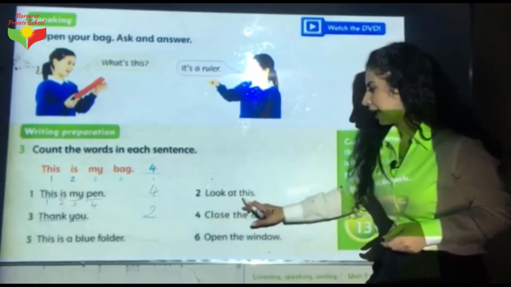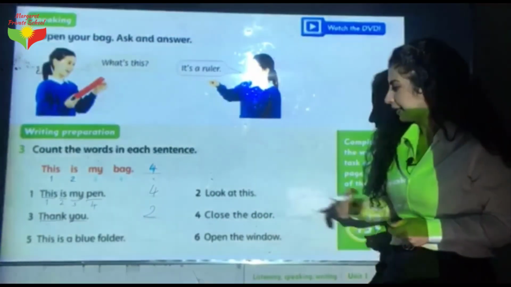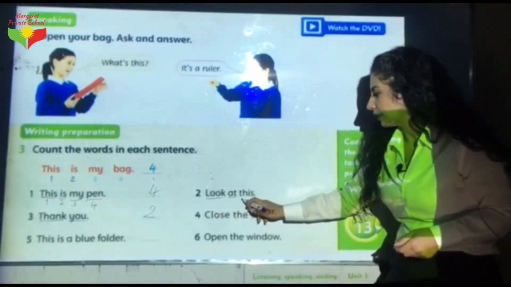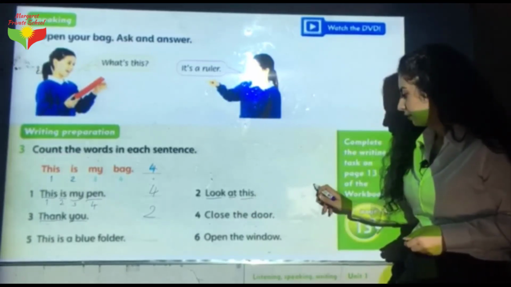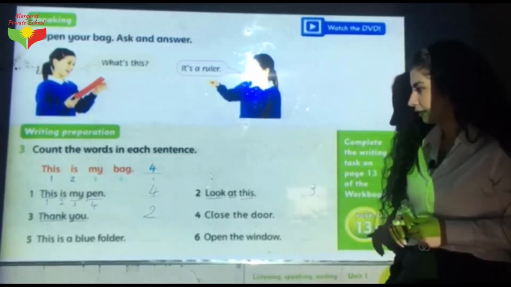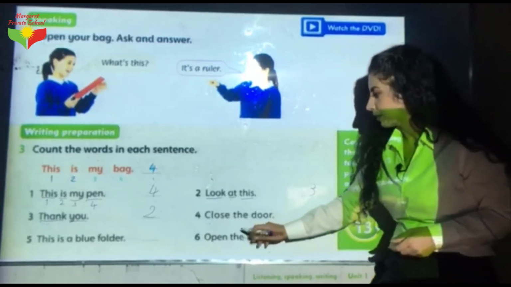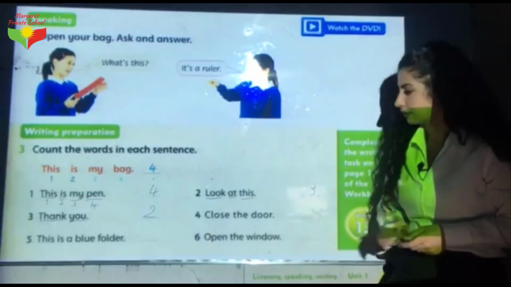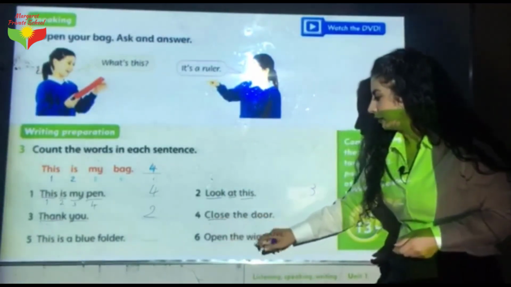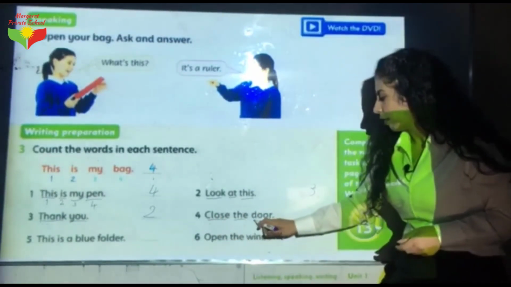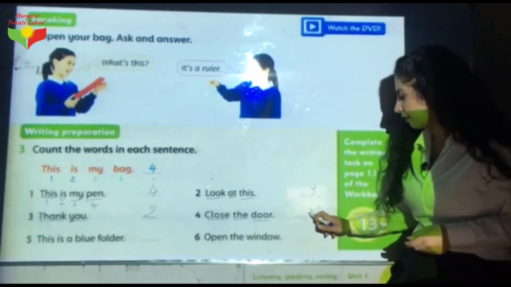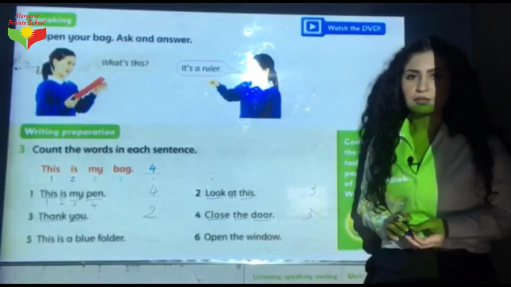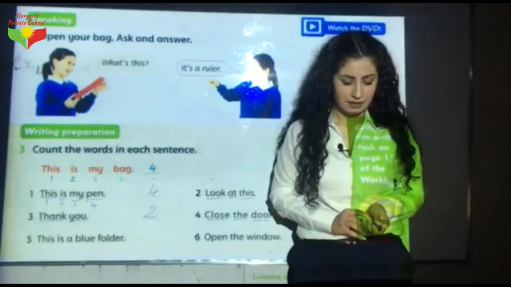How many words do we have here? 1 word, 2 word, and 3 word. So write 3. Look at the fourth one. Close the door. How many words do we have? Okay. 1, 2, 3. Write 3. The fifth one and the 6th one for yourself. You have to do it at home. Okay?